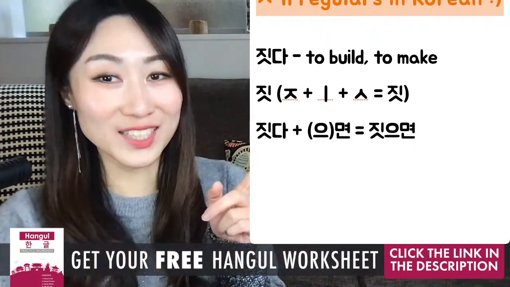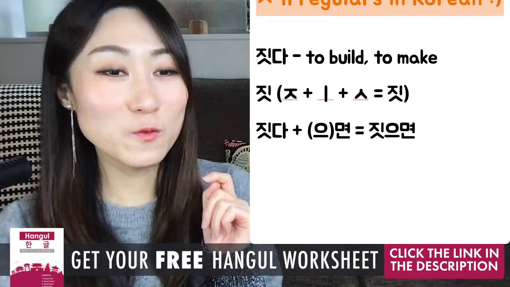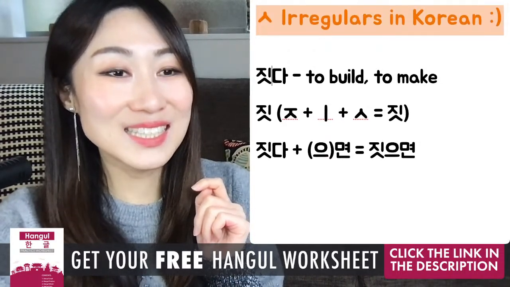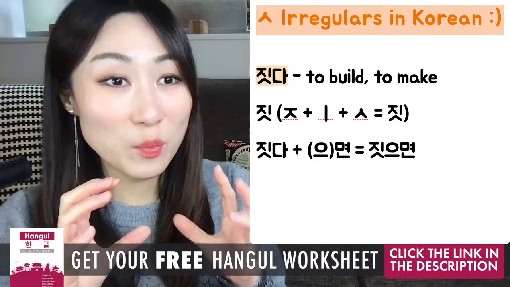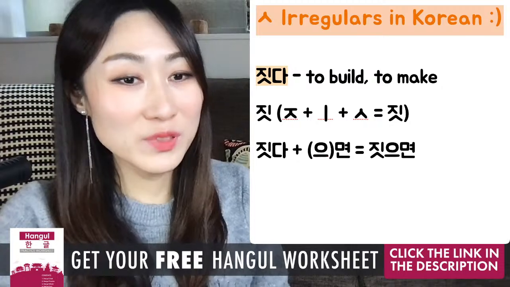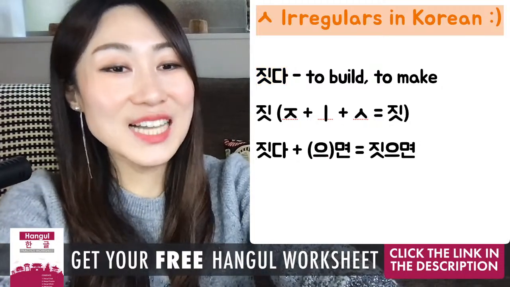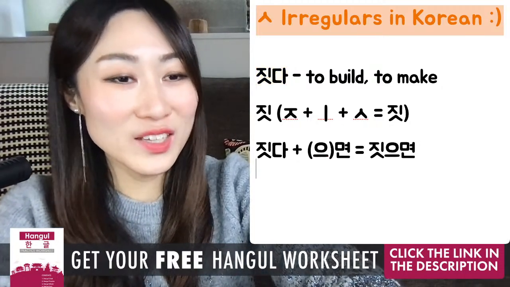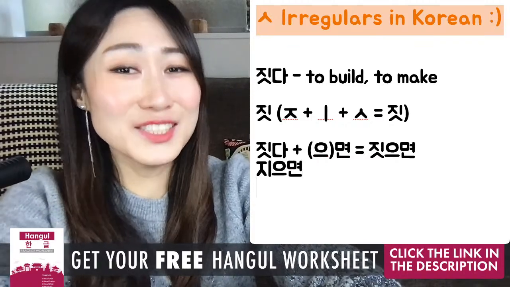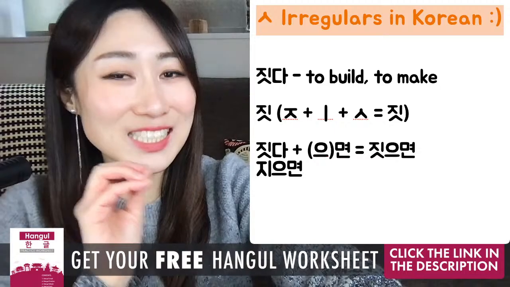Theoretically, this should be correct, 짓으면. But unfortunately, as I mentioned, 짓다 is one of the examples of irregulars. It's irregular. So what happens here? It's not 짓으면, but I say 지으면. This is an exception.